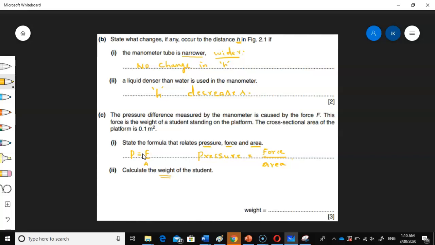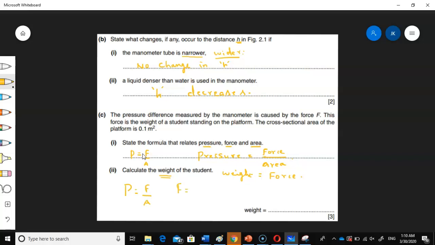Okay. Calculate the weight of the student. Here you should know the weight is equal to the applied force on the platform of this question. Previously I have shown this. So pressure is equal to force over area.